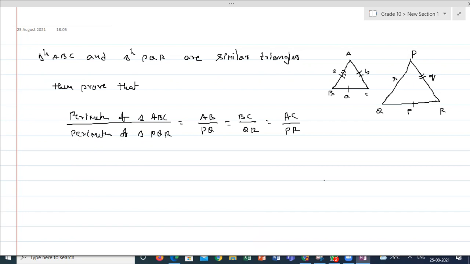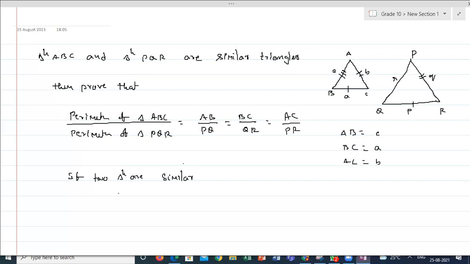To avoid confusion, I am taking it like this. The value of AB is equal to small c. The value of BC is equal to small a. The value of AC is equal to small b. Same as this is small p. If two triangles are similar, the corresponding ratios are the same.